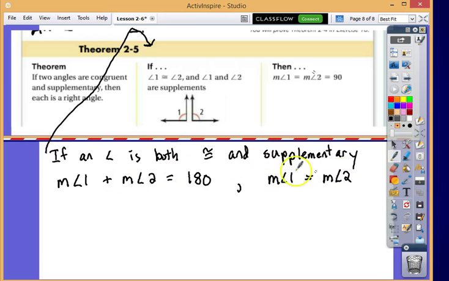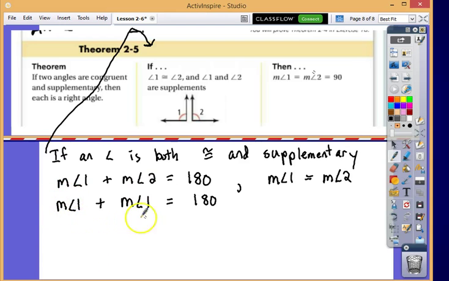Now remember, if both of these things are true, then in this equation, I can change the measure of angle 2 to the measure of angle 1. So that would be the measure of angle 1 plus the measure of angle 1 equals 180. Would you agree with that? Michael, can I replace angle 2 with angle 1? Yes.